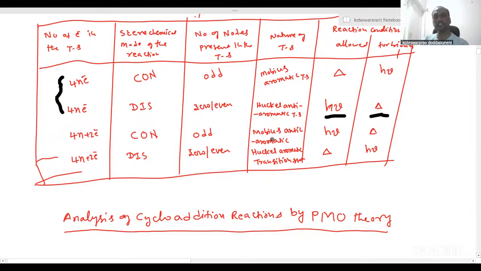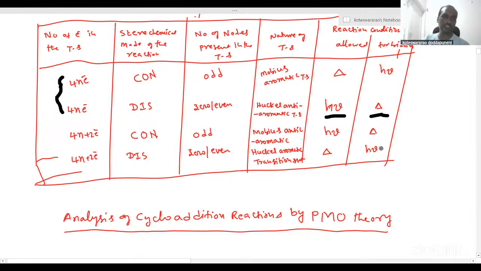Then the transition state is a Mobius anti-aromatic transition state. Once it becomes anti-aromatic, the reaction proceeds under photochemical condition and is forbidden under thermal condition. Therefore, the conrotatory electrocyclic reaction with 4n plus 2 electrons is observed under photochemical condition but not in thermal condition.